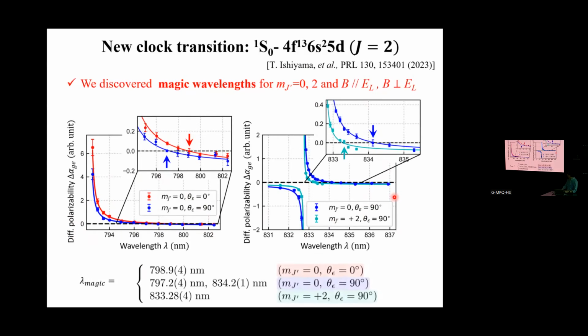This is the summary of the observed magic wavelengths. Magic wavelengths definitely exist for this new clock transition, and by working with these magic wavelengths, we can perform high resolution spectroscopy for searching for new physics.